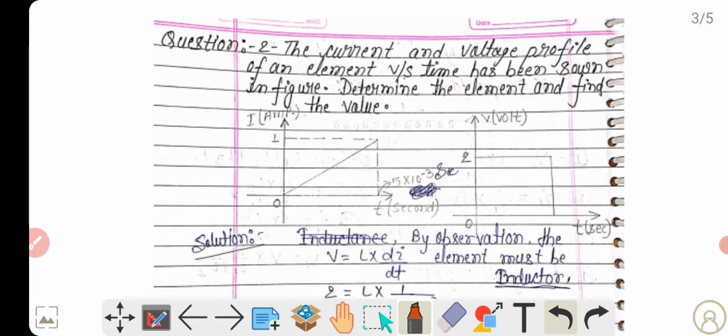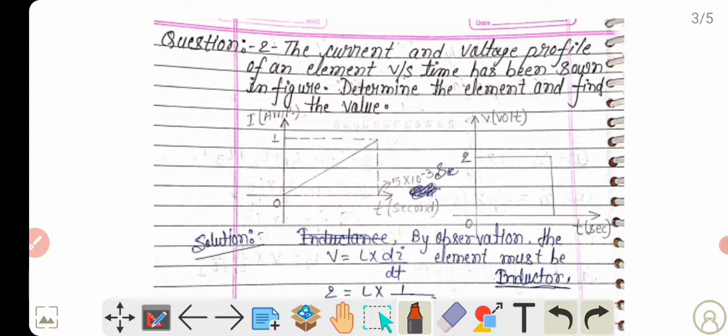Now the next question: the current and voltage profile of an element versus time has been shown in a figure. Determine the element and find its value. As you can see here, there are two graphs. The first one is current versus time, and the second one is voltage versus time. Now friends, from this graph, as you can see, the value of voltage is not changing, meaning it is constant.